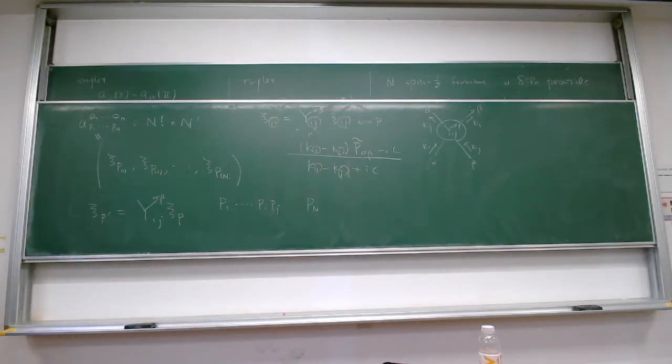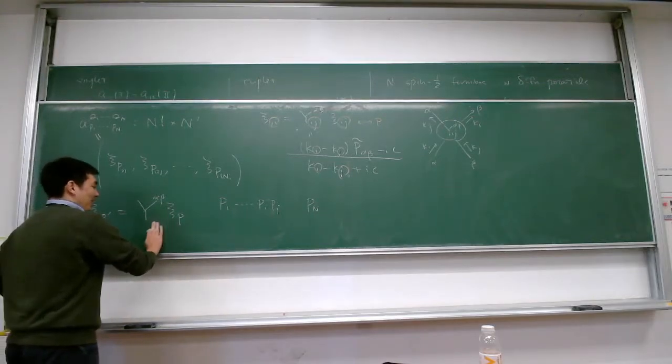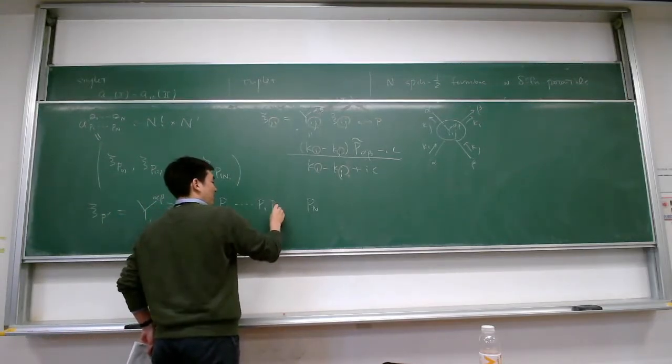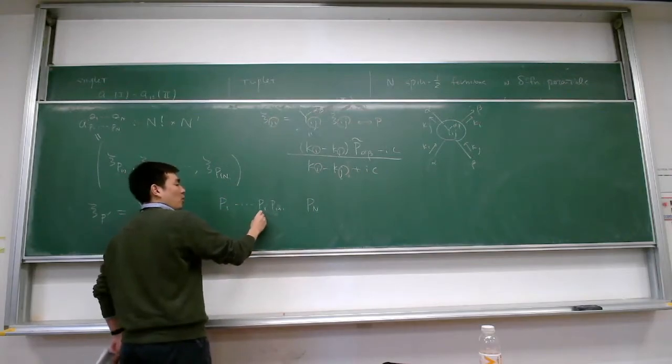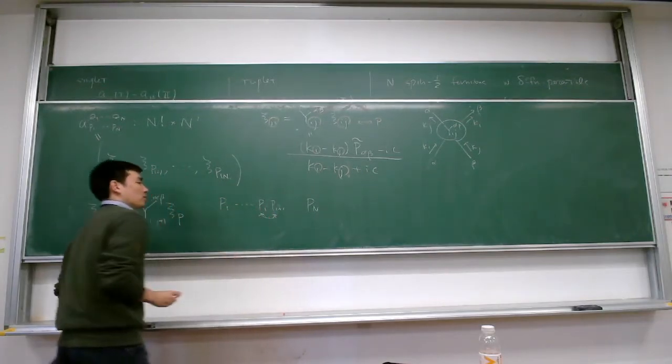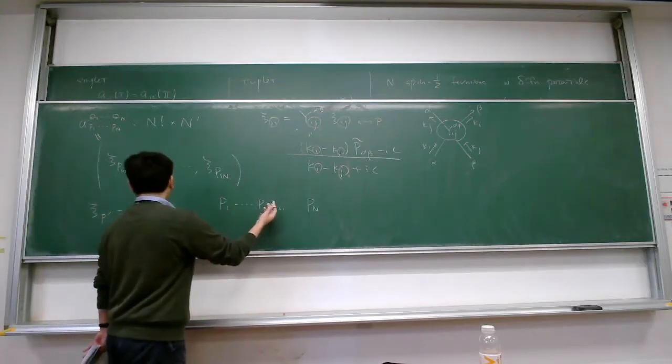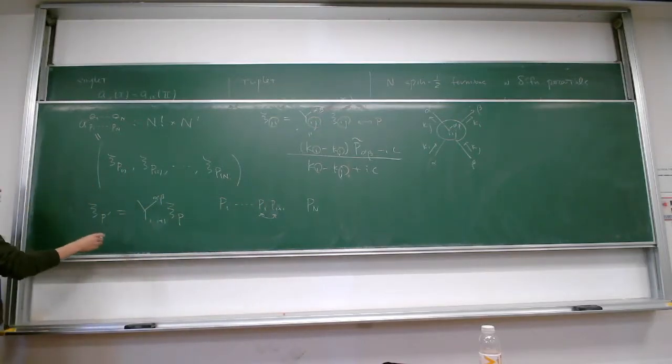Sorry, I got confused. I think I should write i and i plus 1 in that case, and we just swap between these two to get P prime.